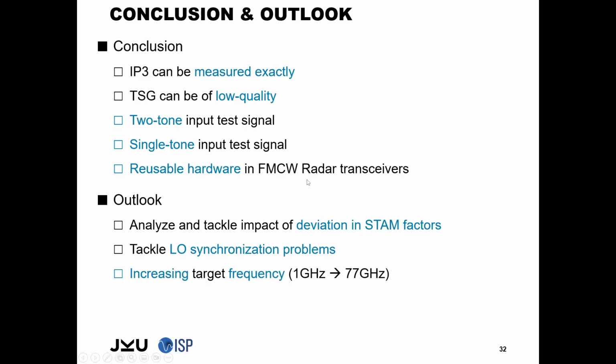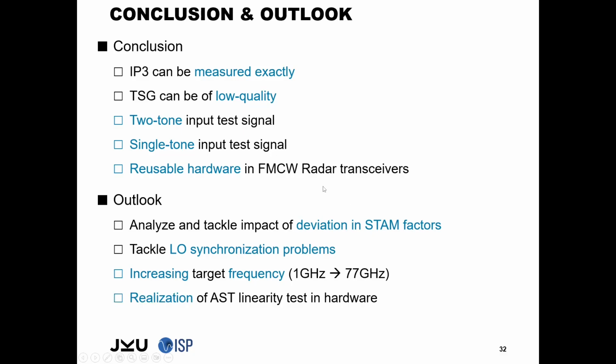We should increase the target frequency because now during the Bachelor thesis it was always tested with 1 GHz. We maybe should also test it with higher frequencies, for example 77 GHz, in order to see if there are other problems occurring with higher frequencies we have to deal with.